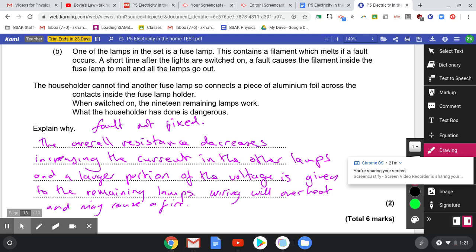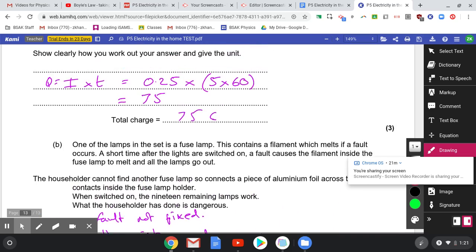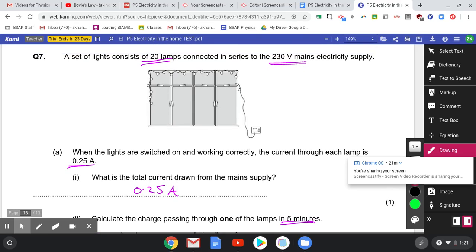And finally, if you read that question out again, you've essentially got one of these lights that stops working. And the person, rather than replace it with another light, puts a piece of aluminium from one end to the other end, making it act as a wire. Now the electricity will flow and all of the other lights will light up. So just think, each bulb has a resistance.